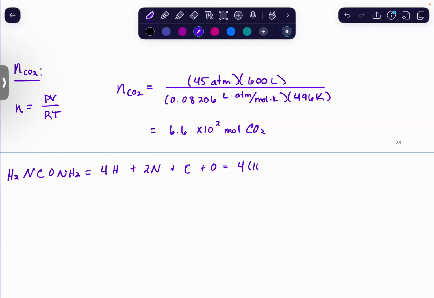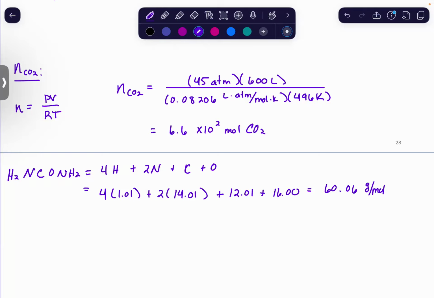So 4 times 1.01, plus 2 of nitrogen is 14.01, plus carbon 12.01, plus oxygen 16. This is going to give us a molar mass of 60.06 grams per mole.